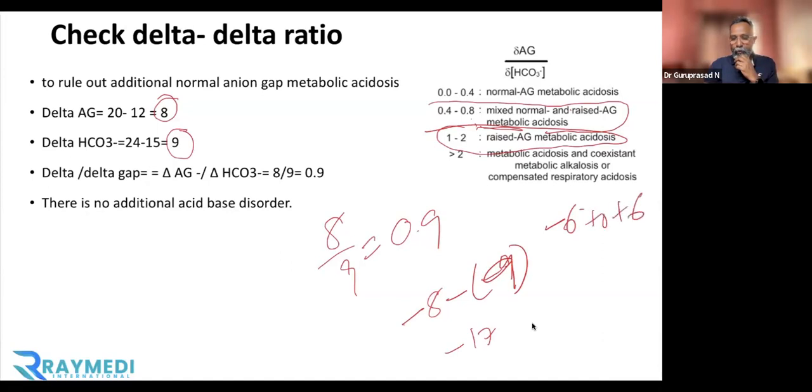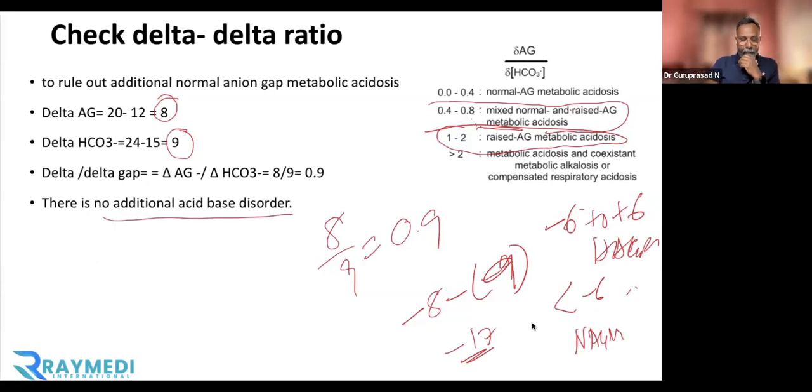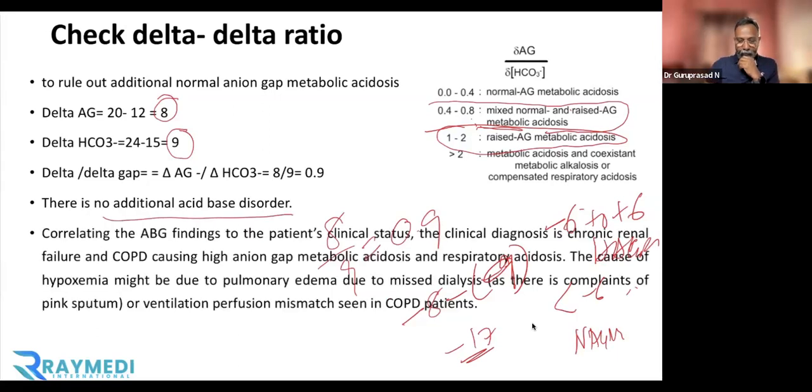If it is minus 6 plus 6, it is only HAGMA. If it is less than minus 6, it is both NAGMA and HAGMA. So minus 17 is definitely less than minus 6. So there is both NAGMA and HAGMA. So there is definitely no additional acid-base disorder.